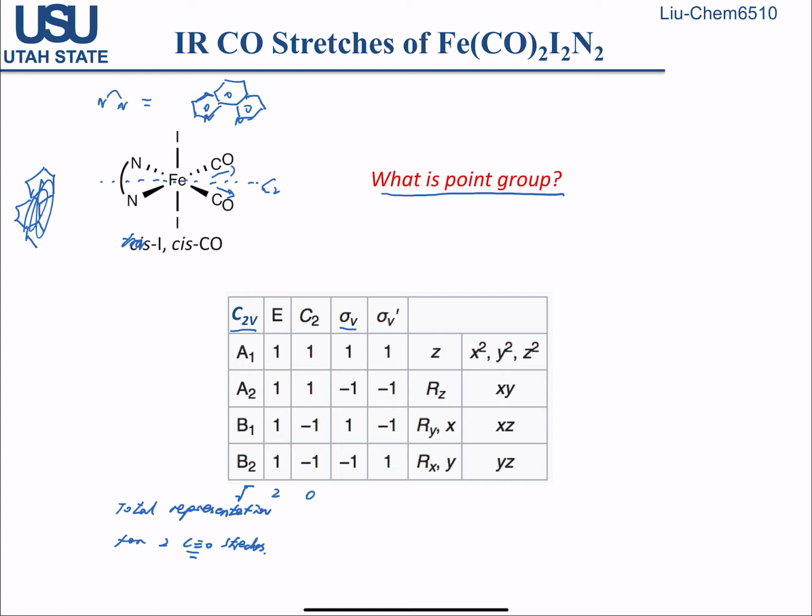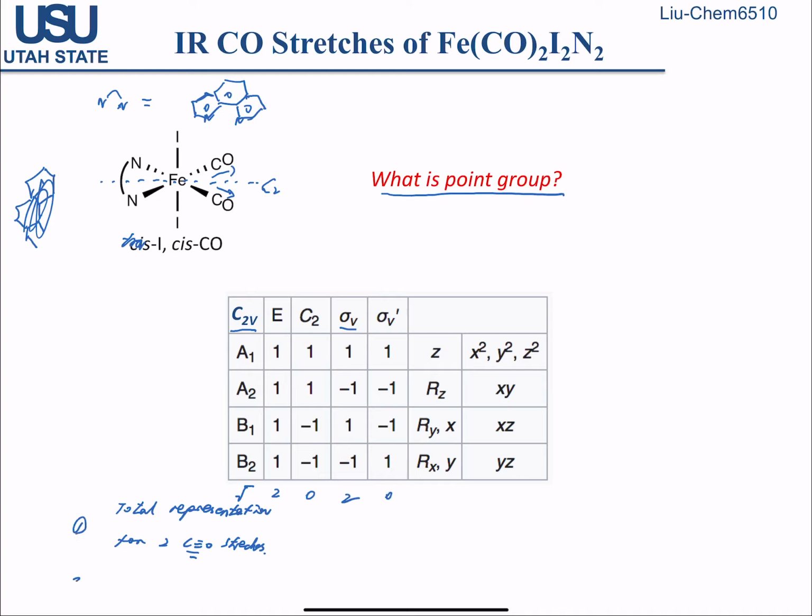For sigma v, the plane contains these two CO, so they don't move and we get 2. For sigma v prime, they exchange positions, and we get 0. So that's the total representation for the two CO stretches. That's pretty simple, and that's the first step.